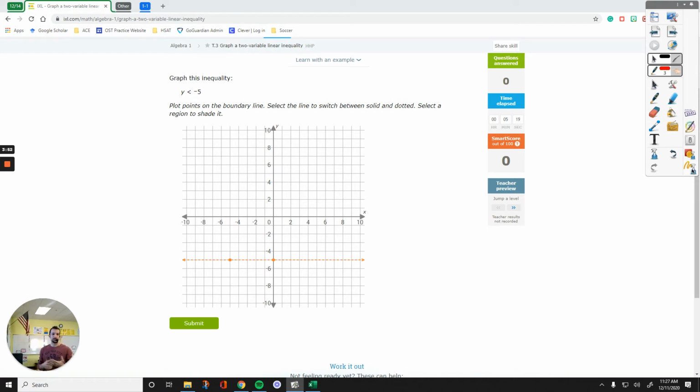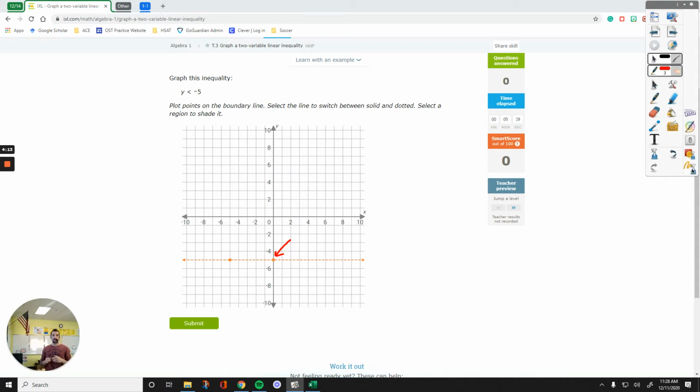Now I need to shade, but what area am I going to shade? It says y is less than -5. Once you have this point, we are going to either shade below that point or above that point. We are dealing with the vertical axis. Find the y-intercept, plot it, and then look above and below that point.